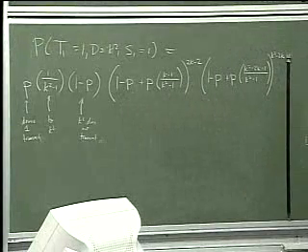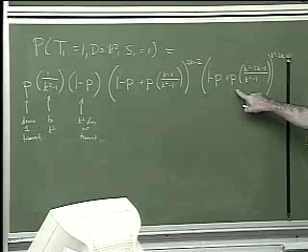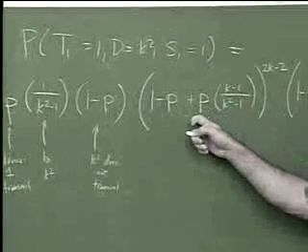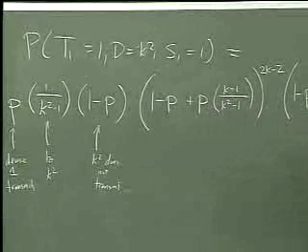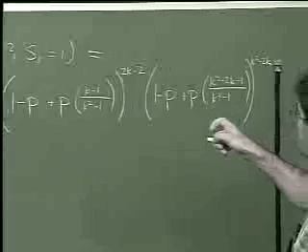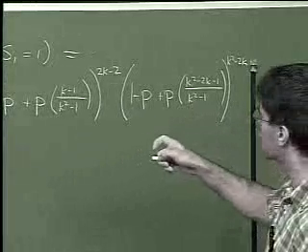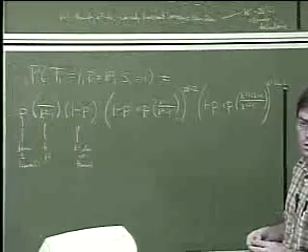Yeah? And the third term, isn't it p times k minus 2 with this? Sorry, the third term, 1 minus p plus p, k minus 2, to the 2k minus 2. Why k minus 2? Oh, because if you take devices 2 to k, device 2 can only transmit to devices 3 to k.